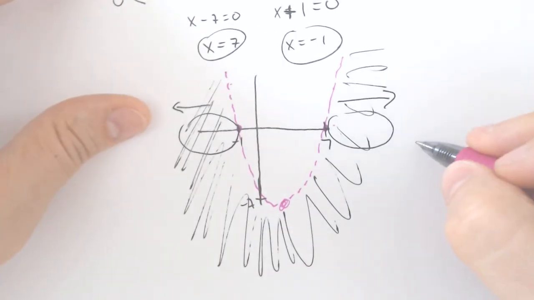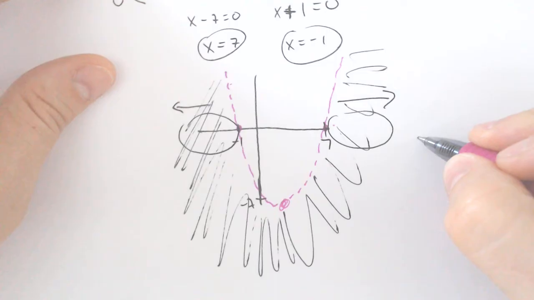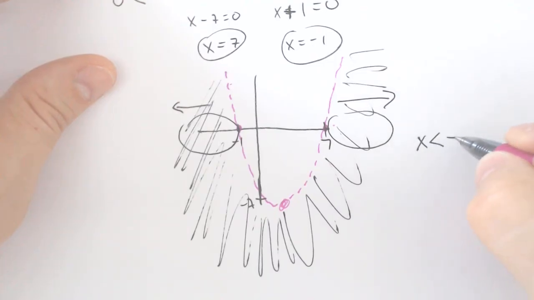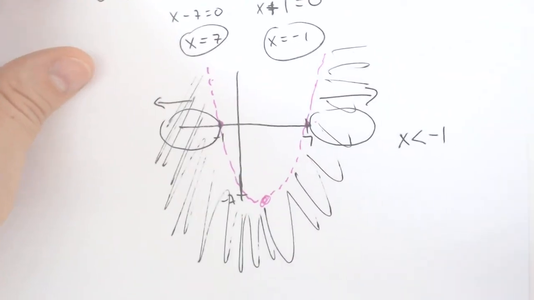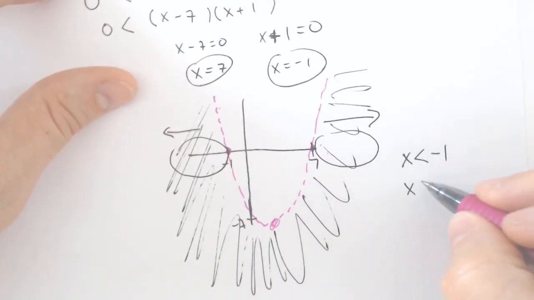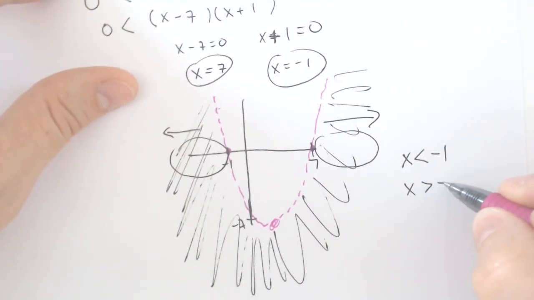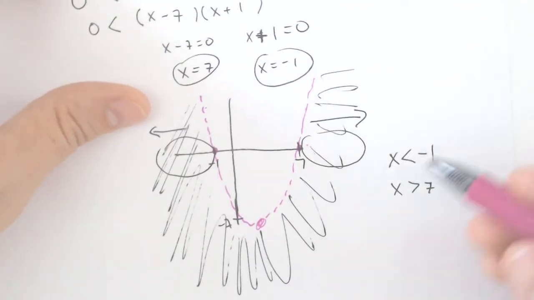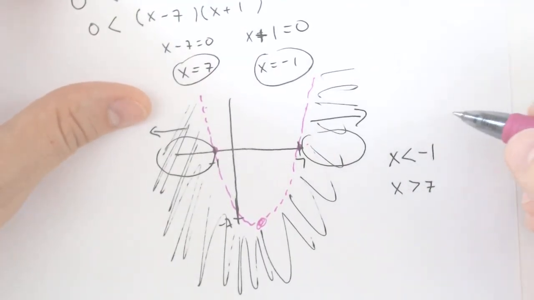So that would be x is to the left of -1, less than -1, not equal to, because it didn't have the equal to symbol. Or it could be greater than positive 7. Which wouldn't technically need to be written that way; it should be like an and symbol as well.